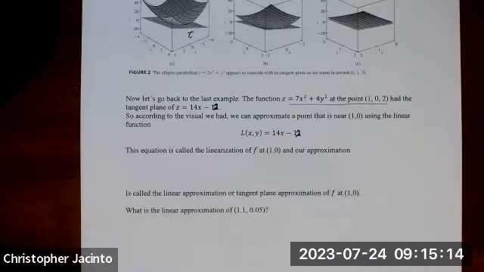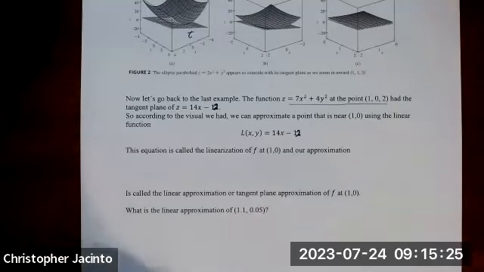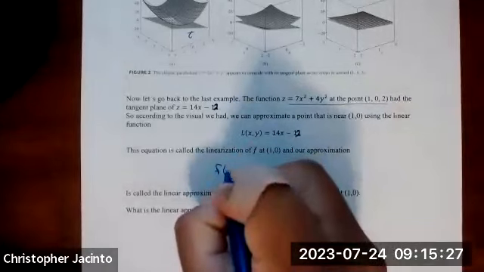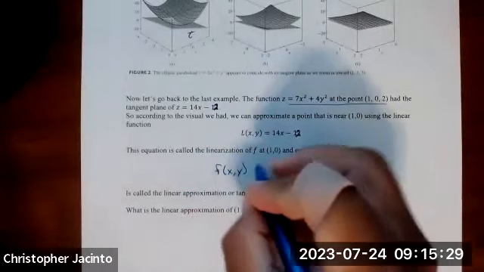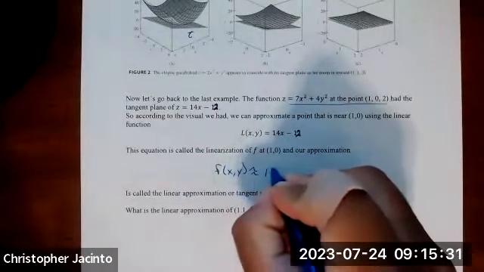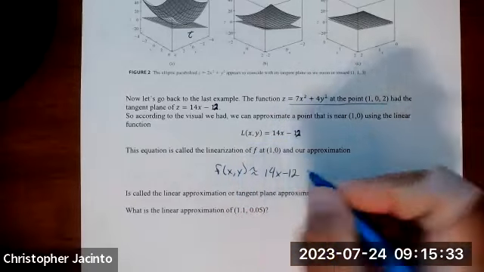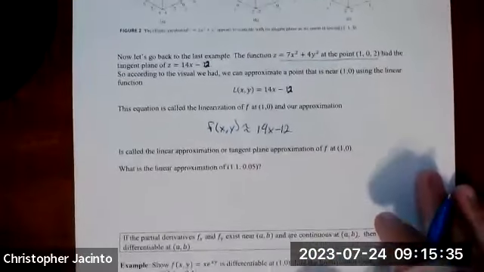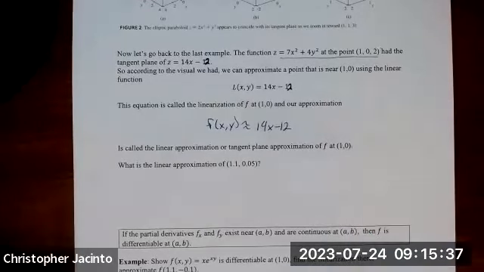That's going to be our linear approximation equation. This equation is called the linear approximation of f at the point 1, 0. Roughly, we could say this approximates any value very, very close to the point 1, 0.